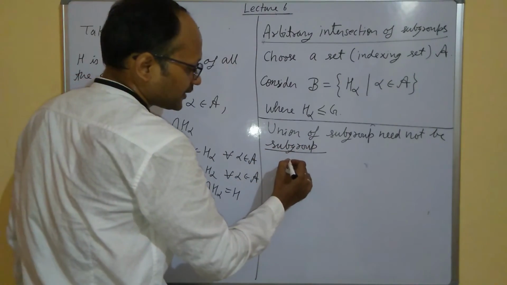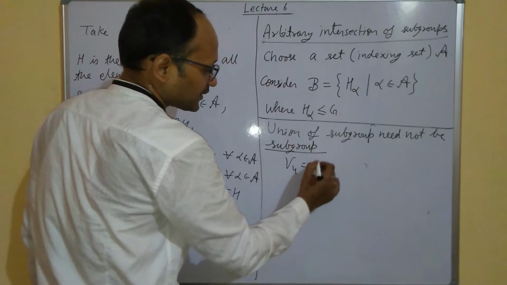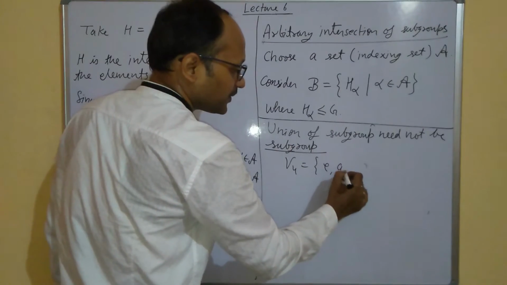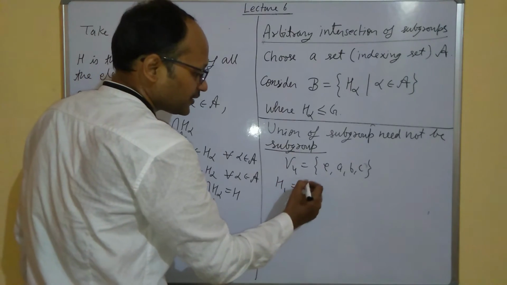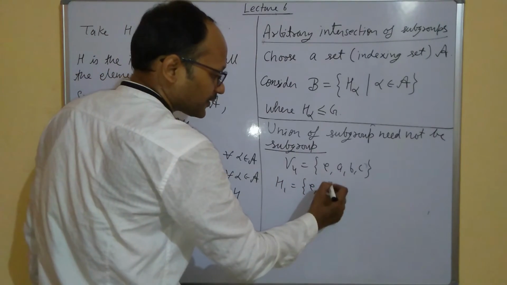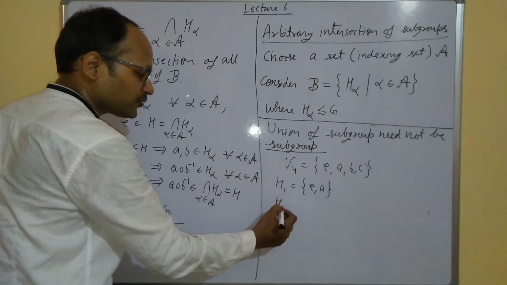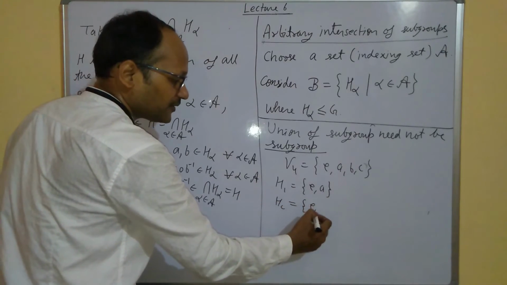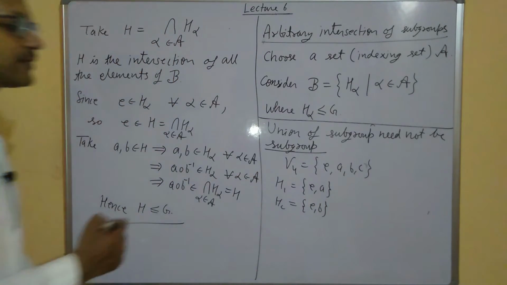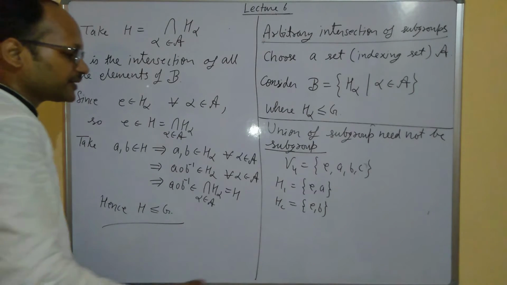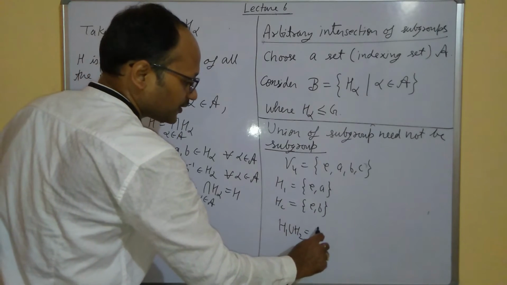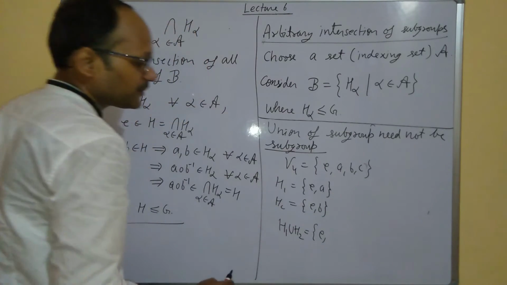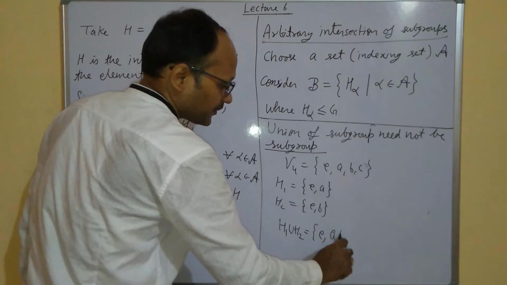For example, take Klein's 4 group V4 equal to E, a, b, c. I take one subgroup H1 to be E, a, and I take another subgroup H2 to be E, b. Let us take their union, H1 union H2. This will be E, a, b.